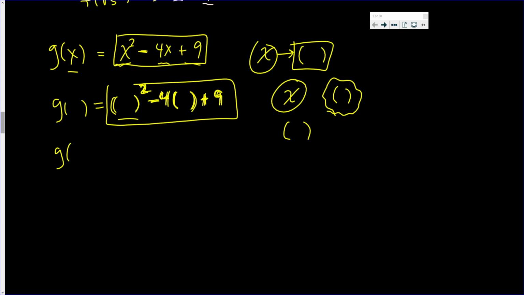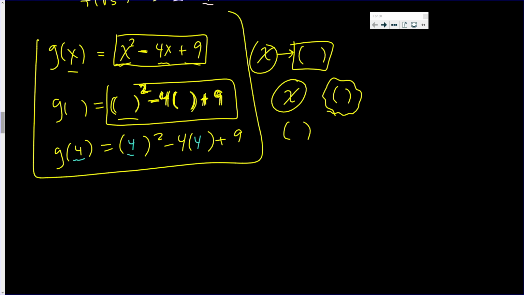So I'm going to write it down again. If they ask you to find g of 4, all you do is plug 4 in the brackets. There was no math here. Whatever they put here, you put here. So let's stop there.